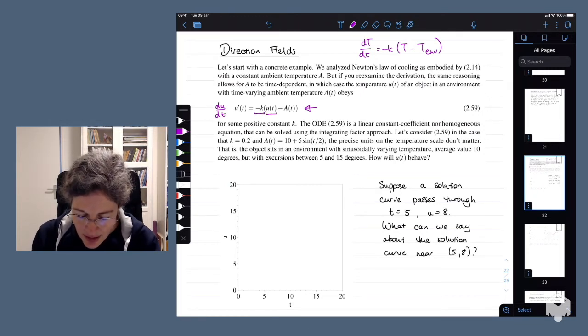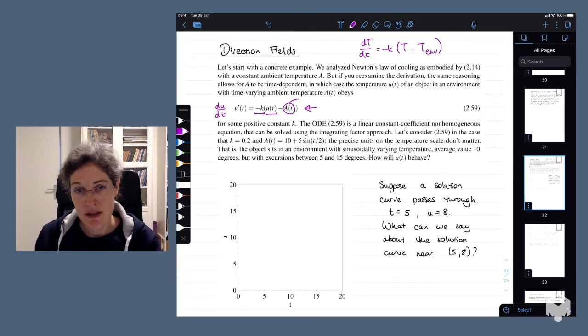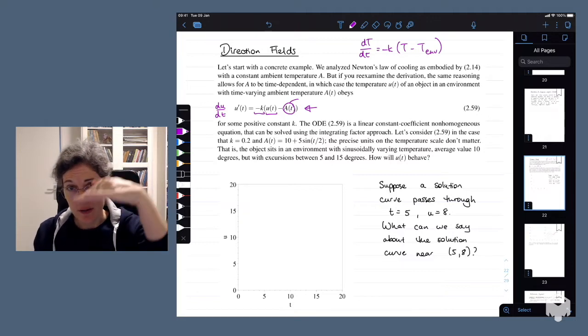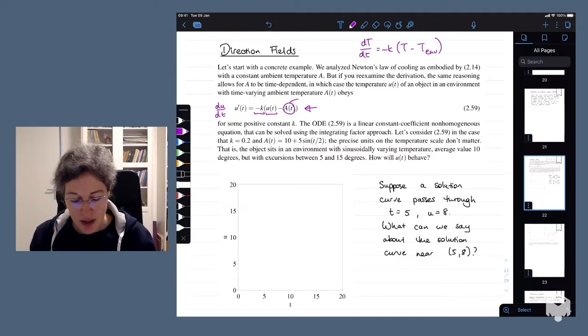The only thing that's different is we're allowing our ambient temperature to vary over time. It isn't necessarily the case that the ambient temperature stays constant. It might have some sinusoidal variation, if you've got an air conditioner that is oscillating, for example. So we allow that to oscillate.